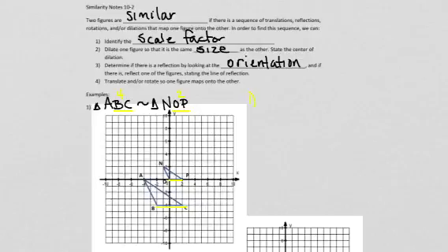The first thing I'm going to do is dilate triangle NOP with center, and we can choose our own center, but usually we will choose either the origin or one of the vertices. So I'm going to say the center is going to be the origin, and scale factor 2.